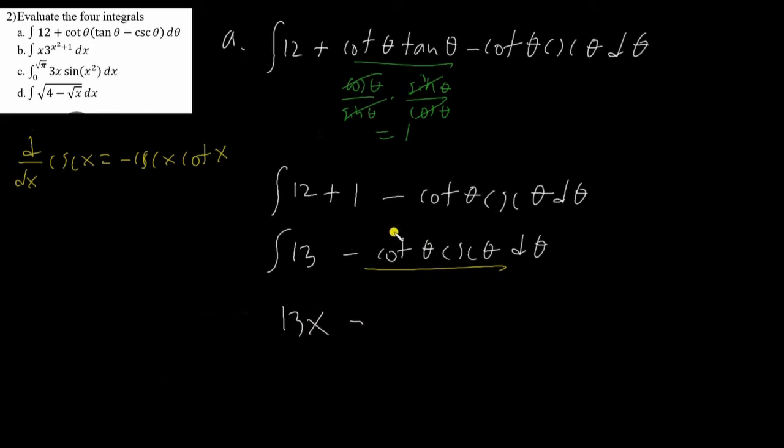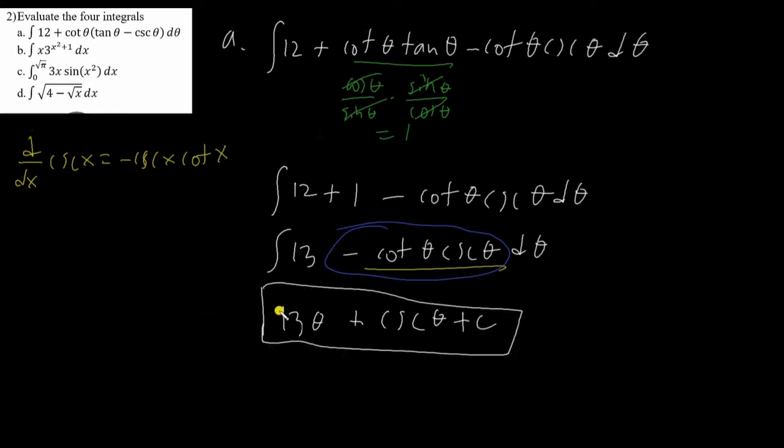So the derivative of negative cotangent cosecant is going to be a positive cosecant. So this is going to be 13 plus cosecant theta, and this is actually supposed to be a theta, not an x. So I have 13 theta plus cosecant theta, and since this is an indefinite integral, I'm going to have a plus C. And that's part A. So let me erase and we can do part B now.